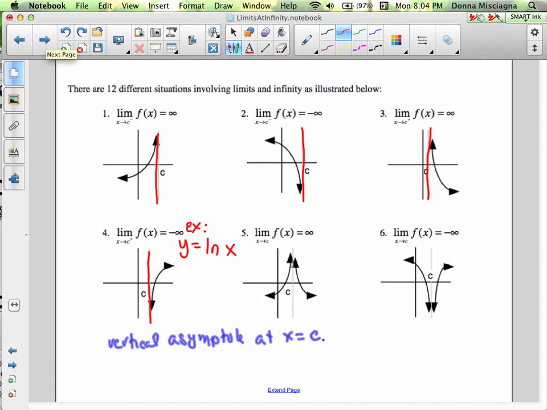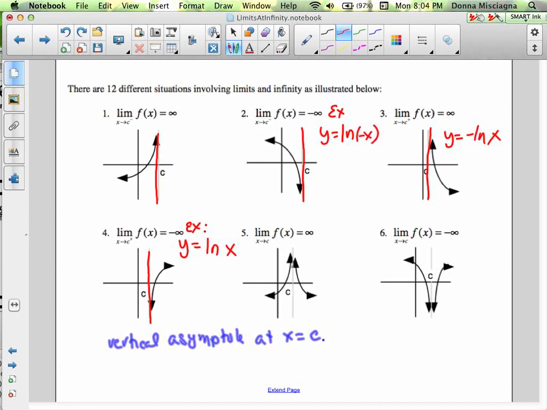If I make it negative, so if I have y equals negative natural log of x, it would look like that one. And for this one over here, the number 2, if I had y equals natural log of negative x, it would look like that.